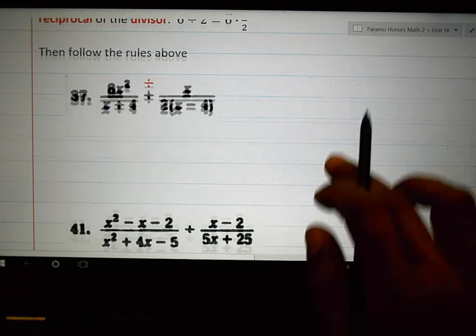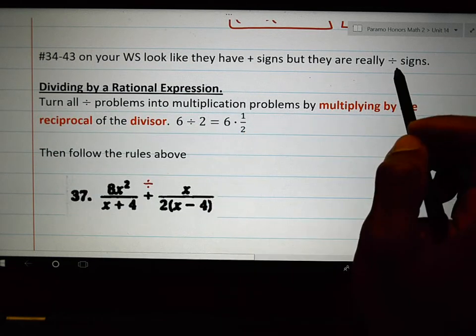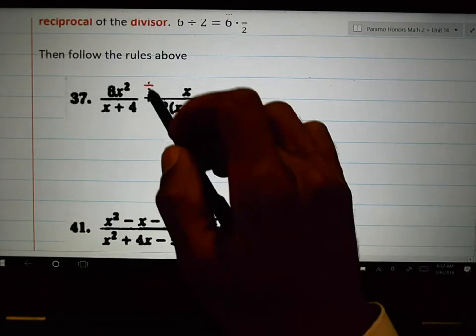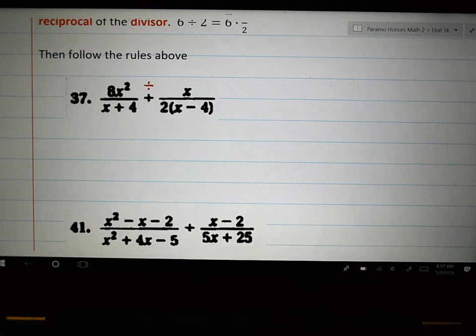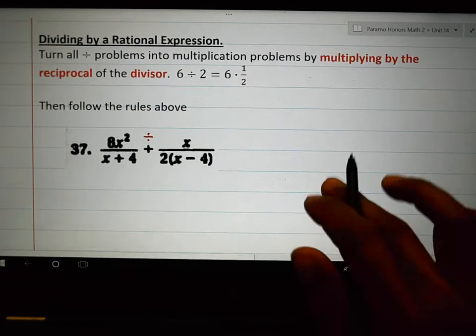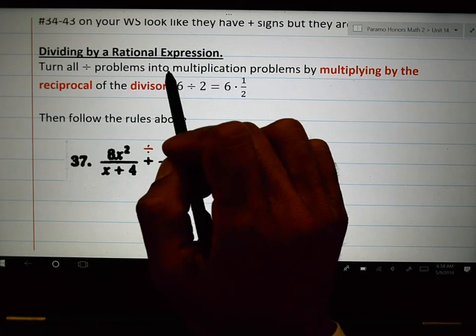So, here's what we wrote down. They look like addition signs, but they're really divided by signs. So anytime you see something like this, make sure you know this is dividing by fractions. So that's what I want you to do. When you're dividing by a rational expression, okay?